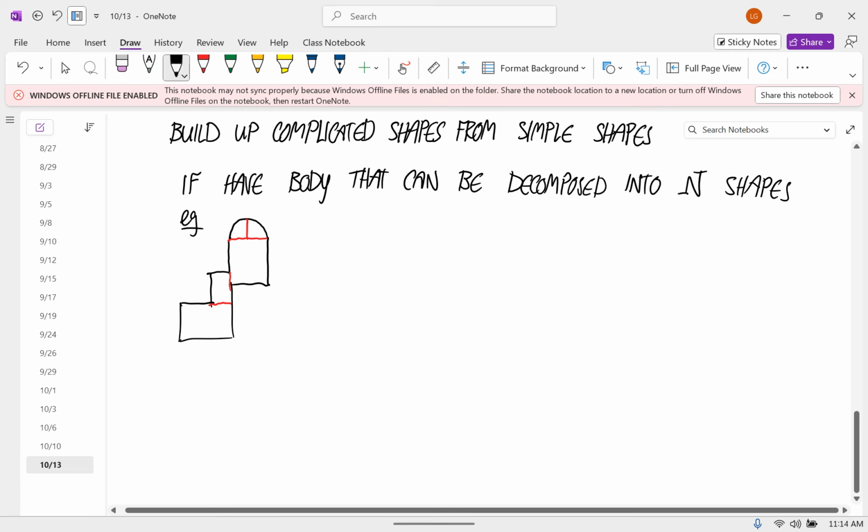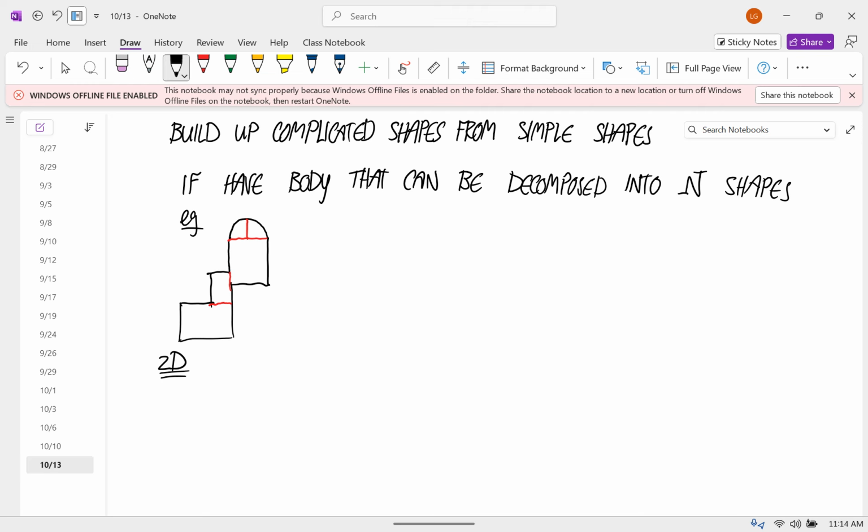Then the centroid of the total shape, I'll do it 2D first. We're going to do 2D a lot more than we're going to use 3D. X bar, Y bar is equal to 1 over the total area times the sum from i equals 1 to n of xi, yi times the area of the ith shape.